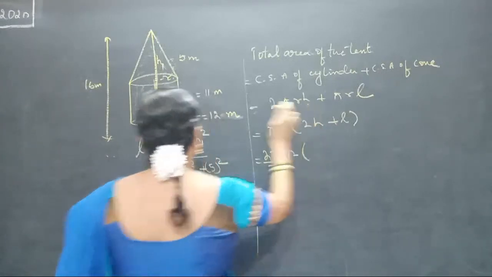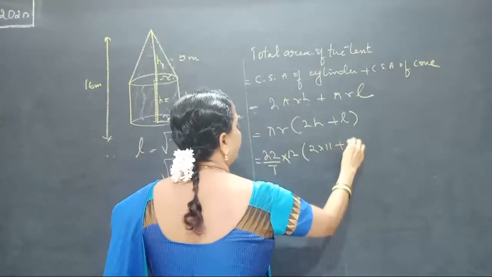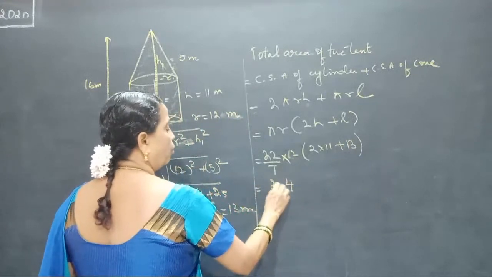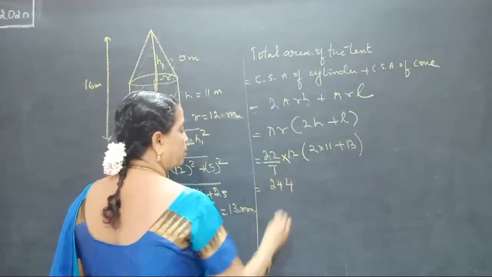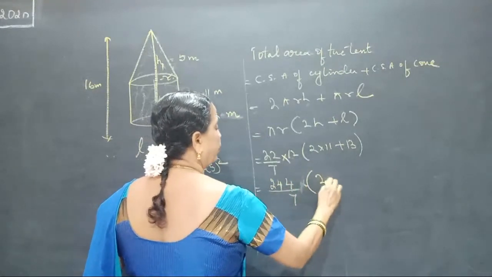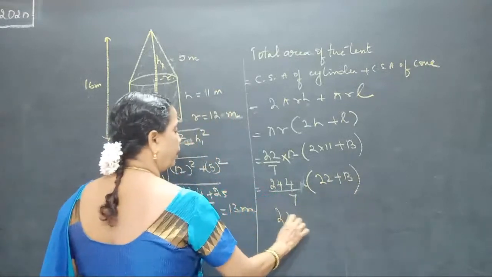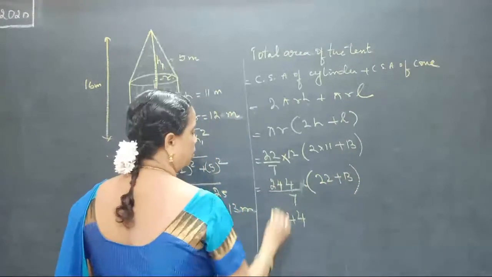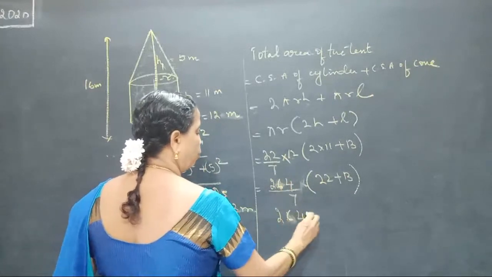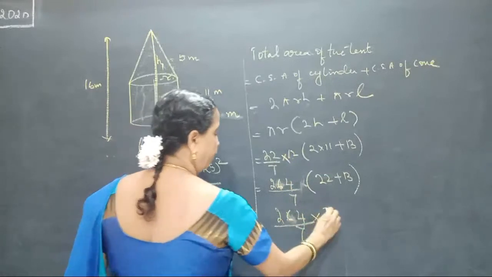This is height of the tent, 2 into 11, slant height 13. 12 twos are 24, 12 twos are 24 plus 2 by 7 into 22 plus 13. 264 by 7 into 35.